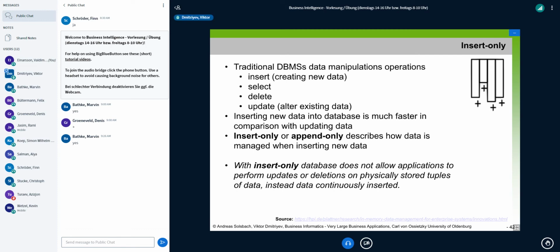Why? Because of our ACID principles: atomicity, consistency, isolation, and durability. So what does consistency mean? Or let's stick to the isolation.